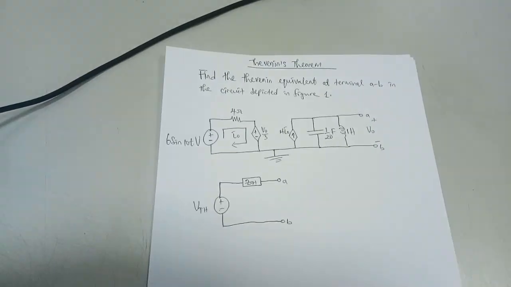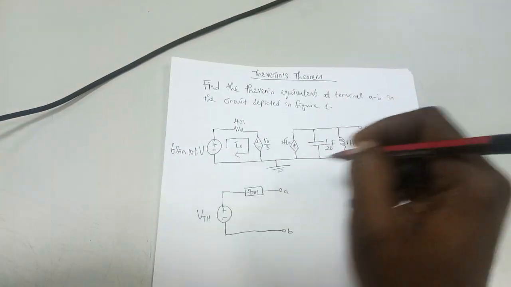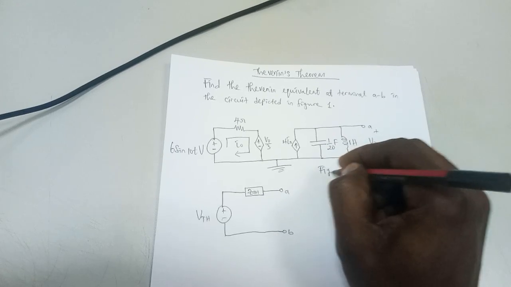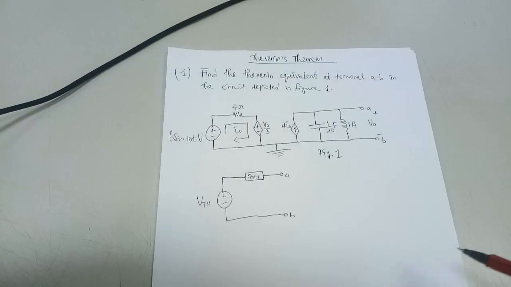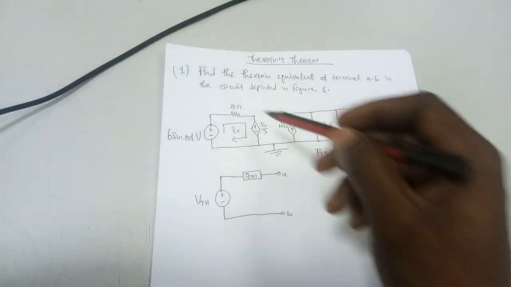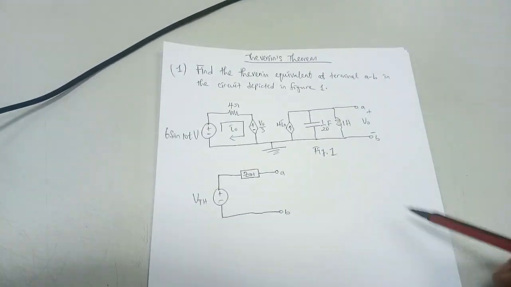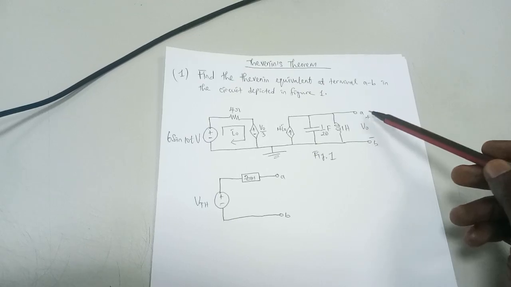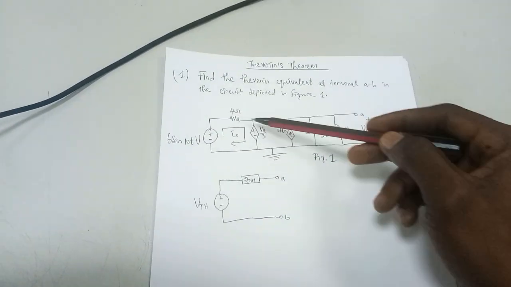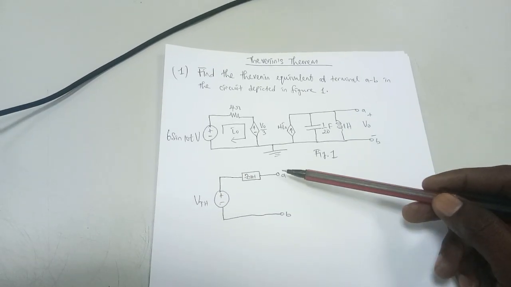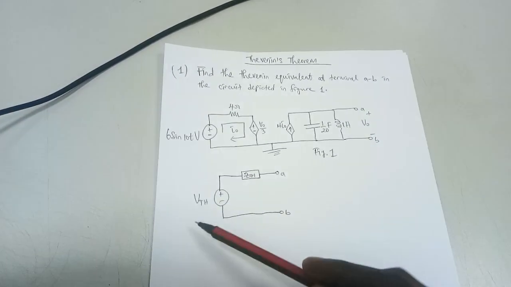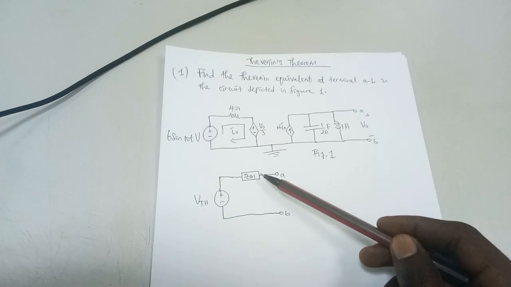So we are going to go straight to the point and find the Thevenin equivalent of this circuit of figure 1. Our aim is to reduce this circuit into its simplest form, consisting of just V Thevenin and Z Thevenin.